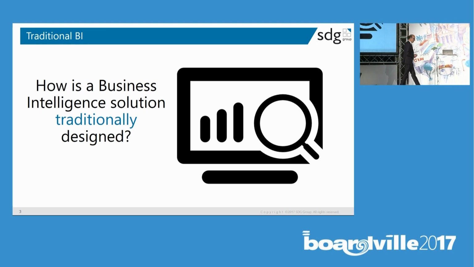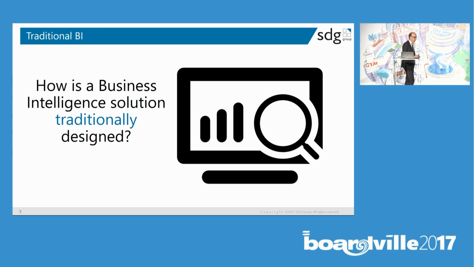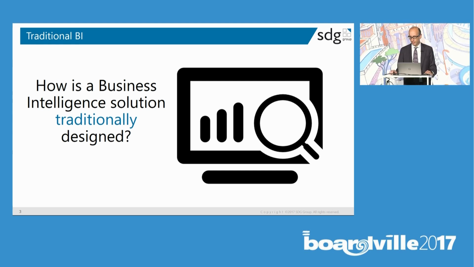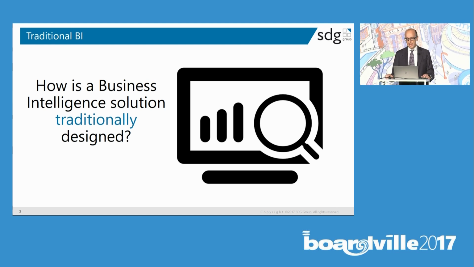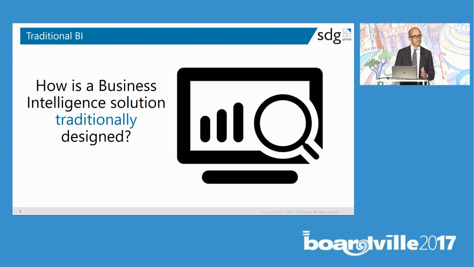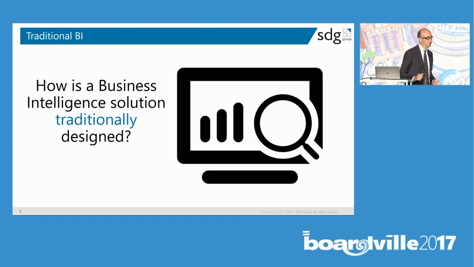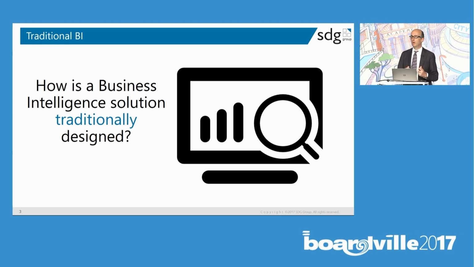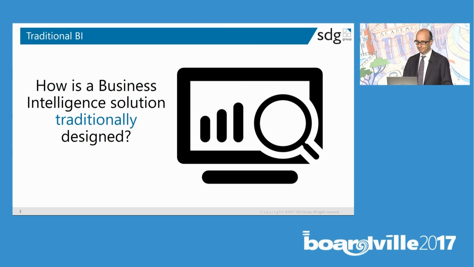The typical Gartner definition of business intelligence says that BI is an umbrella term that includes applications, infrastructures, solutions, software vendors, best practices that enable access to analysis of information in order to improve the capability of taking the right decision.